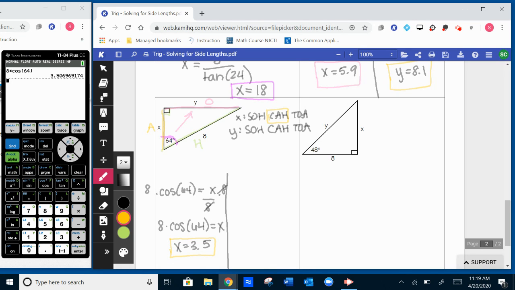Then for the next one, I am working with OH, which is going to be sine. So that is the sine of 64 degrees equals y over 8.